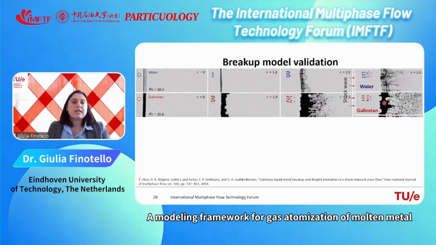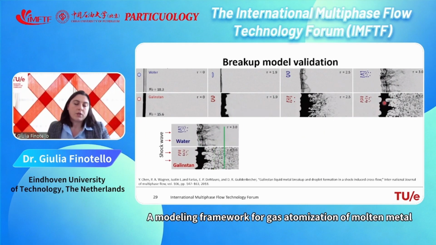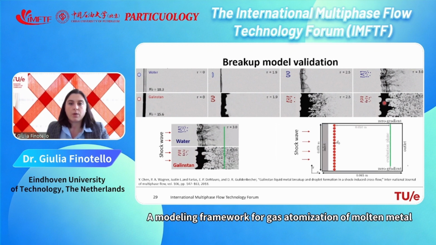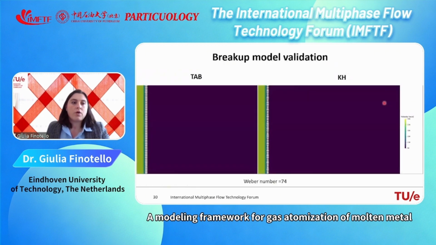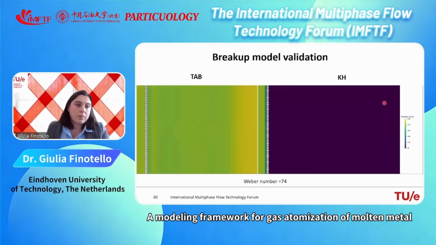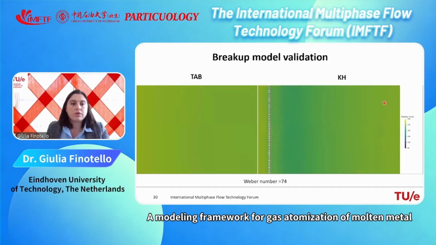So what we did is we did the same. We took a plane of consideration, and we did our simulation. As we have seen before, we use the TAB model and the KH model. This is probably a little bit small to see, but they are behaving a little bit differently.